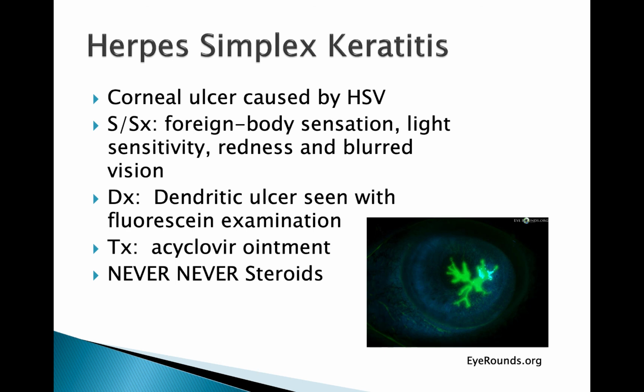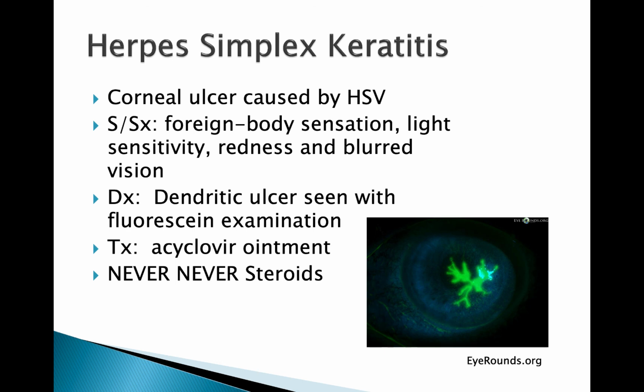Absolutely, you need to do a fluorescein stain on these, and you need to make sure you document your findings. Even if you don't see a dendritic lesion, just make sure that you document that you did a fluorescein stain, because you may document today there is no dendritic lesion, and tomorrow you could do a fluorescein stain and there is a dendritic lesion.